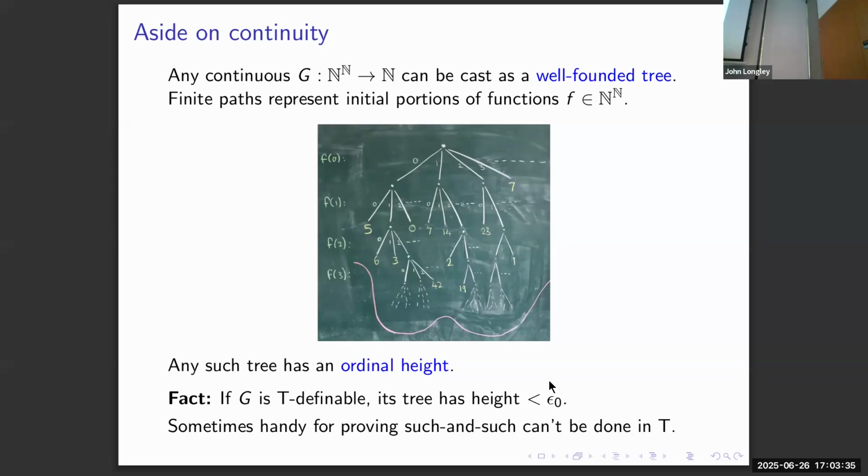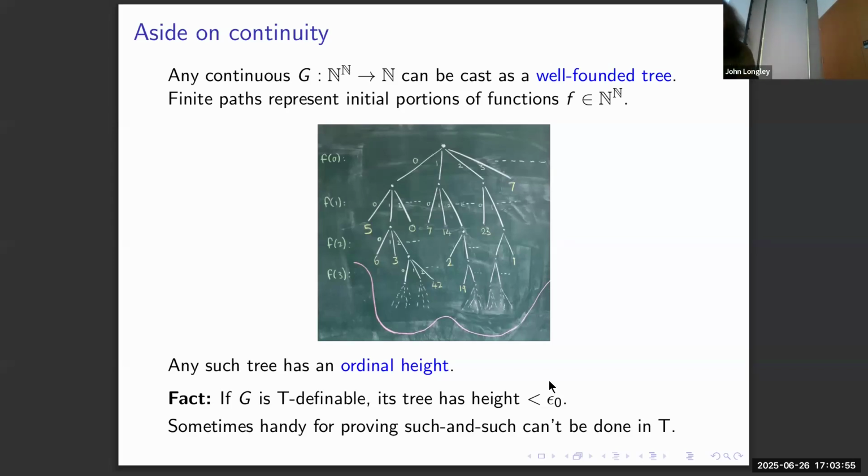That was the thing I thought I might prove in lecture 3 or so, but might not. This is quite handy for proving that such and such can't be done in system T, because if you could use it to cook up a functional whose tree was epsilon 0 or bigger, then it can't be done.